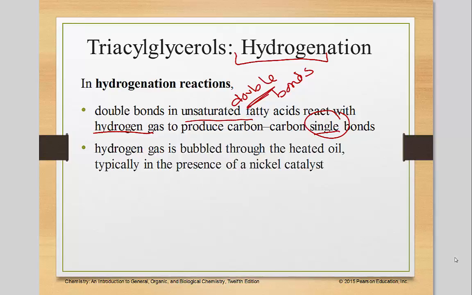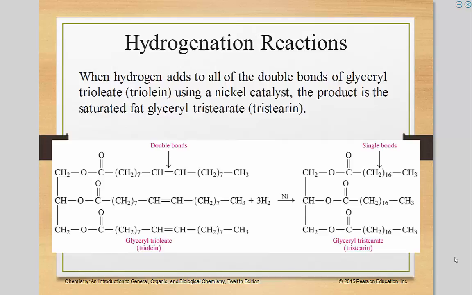Hydrogen gas is bubbled through heated oil, typically in the presence of a nickel catalyst. So here is an unsaturated bond. We have the double bond right here, and we're reacting it with H2. So H-H.